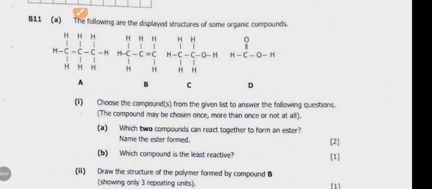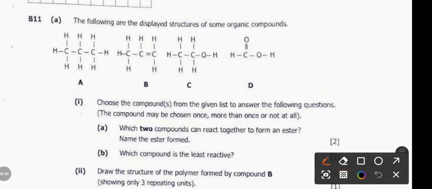Choose the compound or compounds from the given list to answer the following questions. The compounds may be chosen once, more than once, or not at all. The A part says which two compounds can react together to form an ester and name the ester formed.